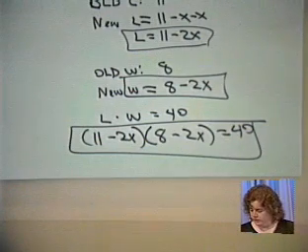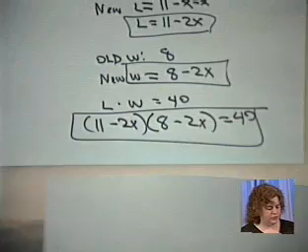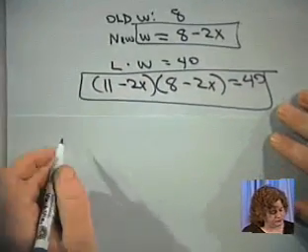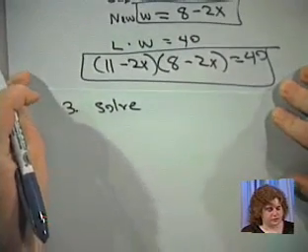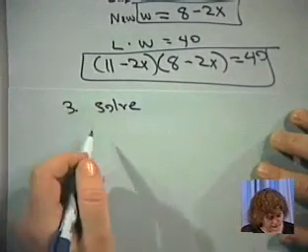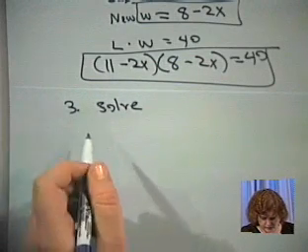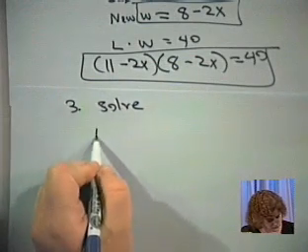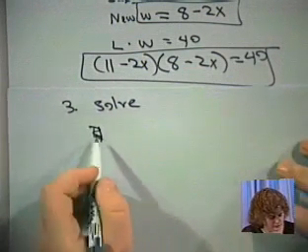Our first move, of course, is to get it equal to 0. So we're going to have to multiply this out. Solve is such a wonderful word. It encompasses many tasks. When we multiply this out and move the 40 over, we're going to end up with, I'll go ahead and write the in-between part.